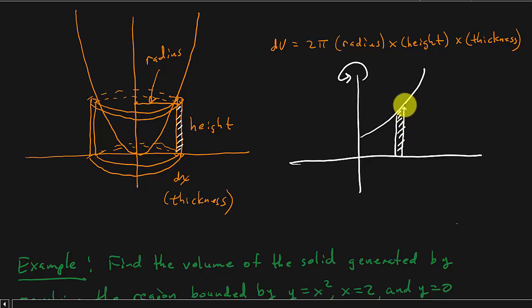That's the most important thing to draw, because that's what you're labeling everything based on. I would need the radius, the height, and then the thickness, which is dx. That's what I would fill in here.